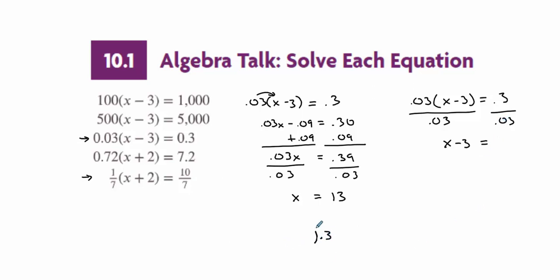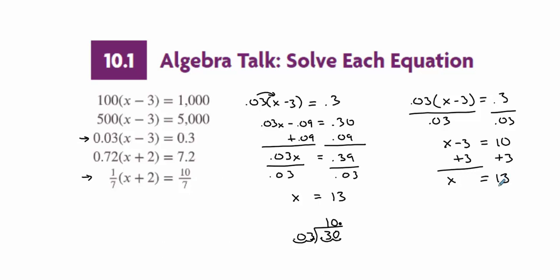So I'm going to move this decimal place over twice. So 3 goes into 30 10 times. Now I'm going to add 3, and I end up with x is equal to 13.